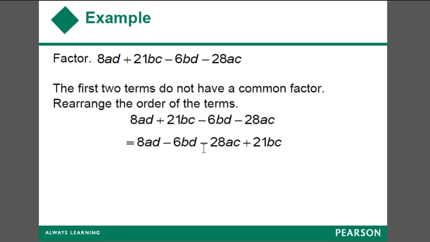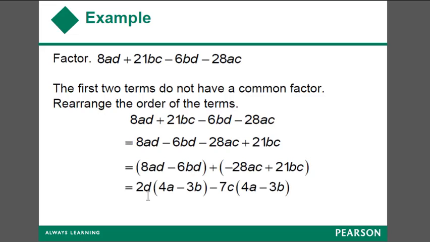Now, if you look at my first two terms, 8ad minus 6bd, I can factor out a 2d, as I've done here, and I'll be left with 4a minus 3b. Looking at the negative 28ac plus 21bc, I can factor out a negative 7c and be left with 4a minus 3b.